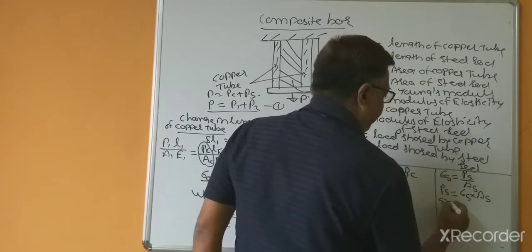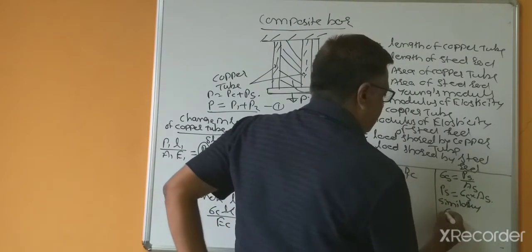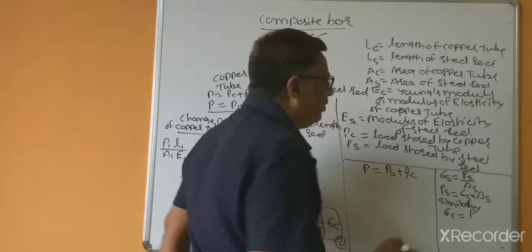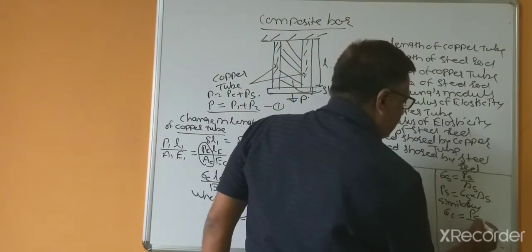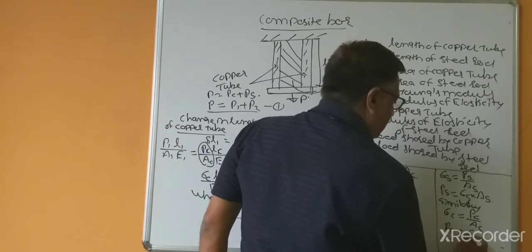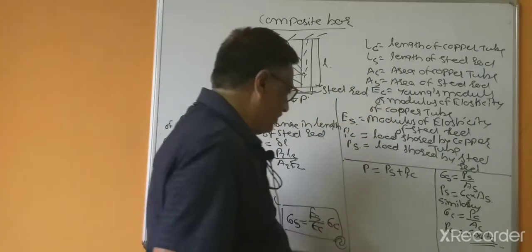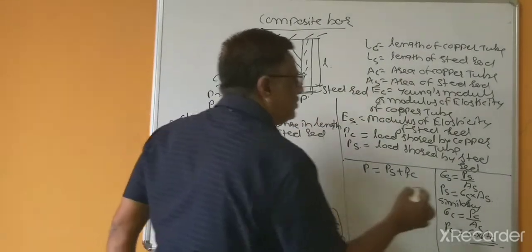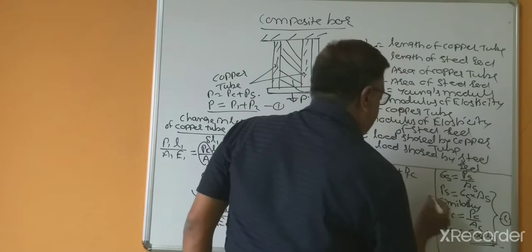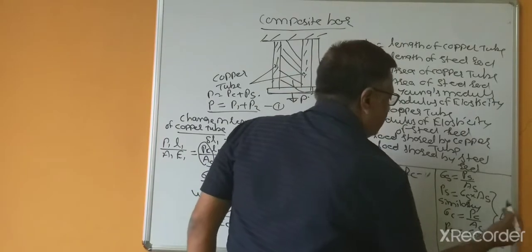Similarly, sigma C equals load divided by cross section, so PC equals sigma C into AC. Suppose these are the fourth and third equations, and this is the first equation.